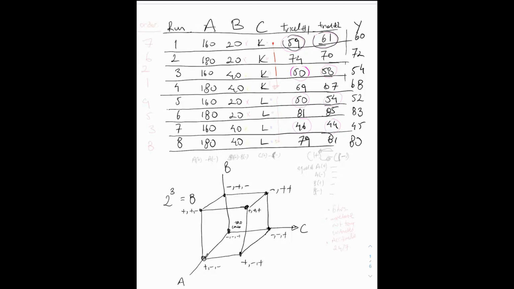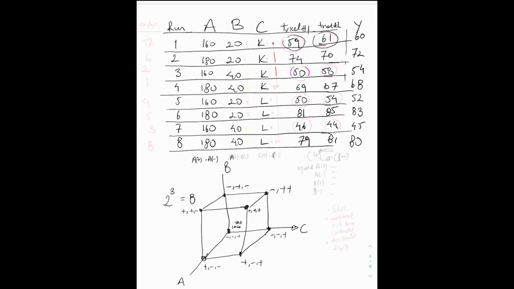An important point here is that this is a structured table. When I'm looking for the effect of A, B, and C, you remember I do the effect of A when A is plus, minus when A is minus.